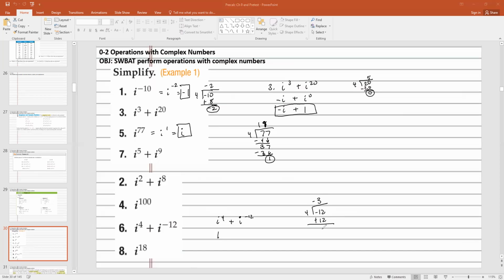Subtract, and we get 0. i to the negative 12 is equivalent to i to the 0 power, which is also 1. So 1 plus 1 is 2. And there you go. That's it.